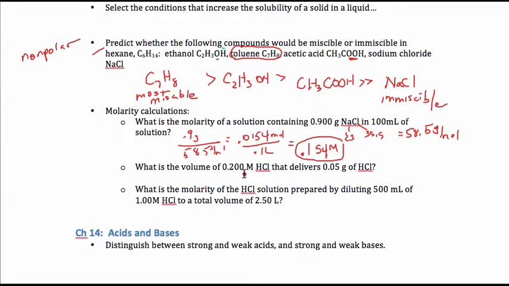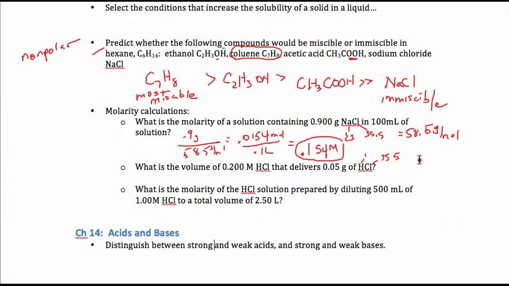What is the volume of 0.2 molar HCl that delivers 0.05 grams of HCl? So really, molarity times a volume is moles. I've got to turn this into moles so I know how many I'm targeting. So HCl has a mass of 36.5 because chlorine's 35.5 and H is 1.